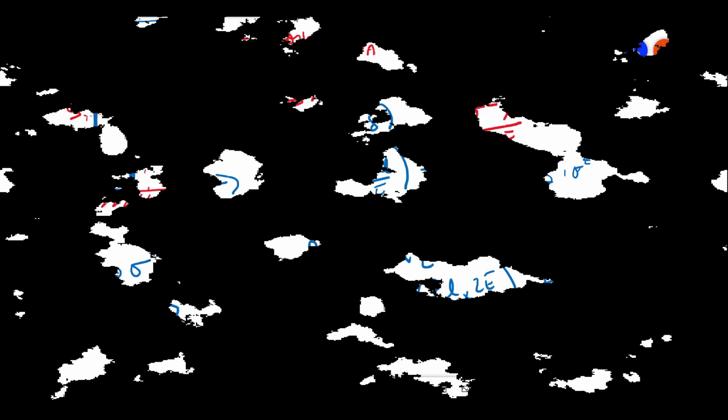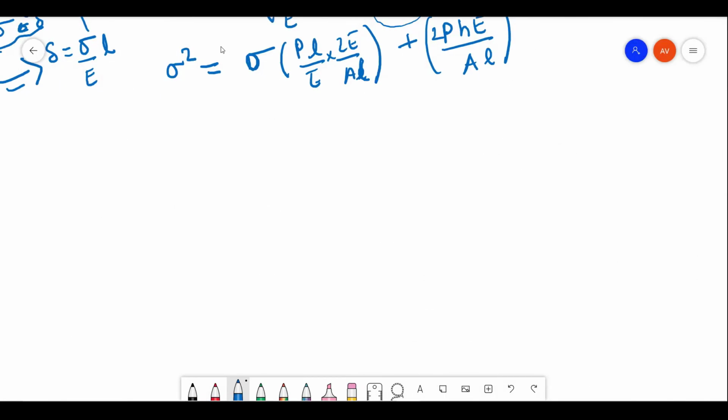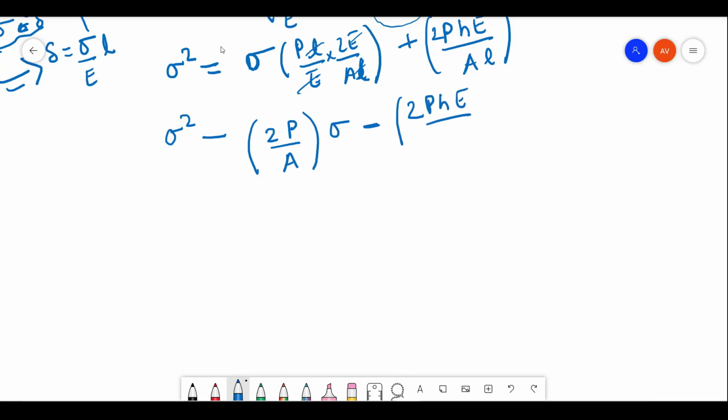If you rewrite this equation, you will get sigma square minus 2P by A into sigma minus 2PHE by AL equal to 0.